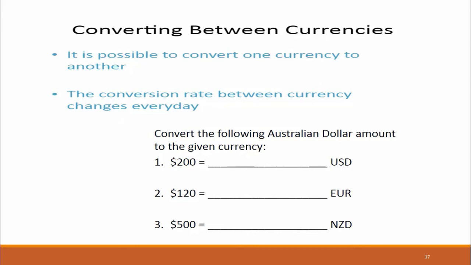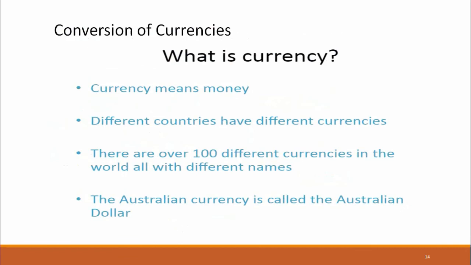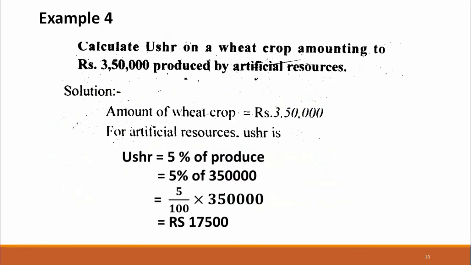Dear students, in this question you see here the conversion of currency, and what is zakat, and what is the rate of zakat. The zakat rate is 2.5 for 100 rupees, on the total amount held for 1 year.